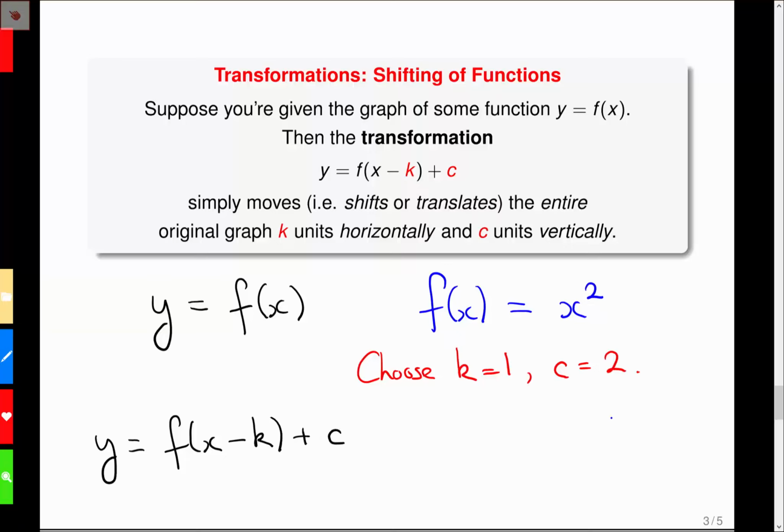This means we're first going to replace x wherever it occurs in the original formula by x minus k, which in this case is 1.